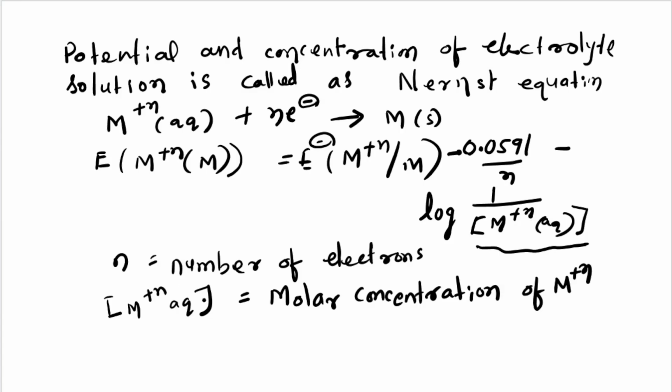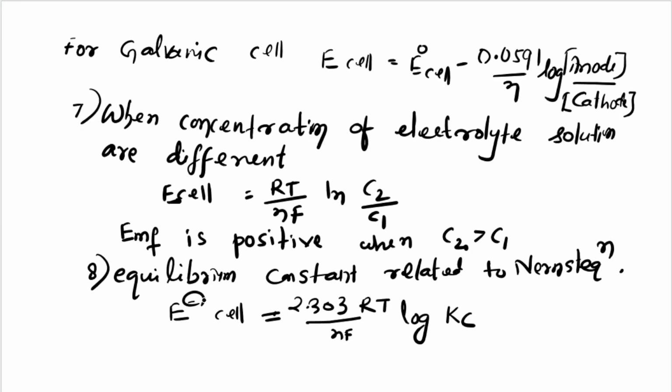Now for the galvanic cell, what happens? E cell is the electrode potential of the cell. E cell equals E0 cell, the standard potential, minus 0.0591 by n log anode concentration by cathode concentration. Remember, log of anode concentration by cathode concentration.